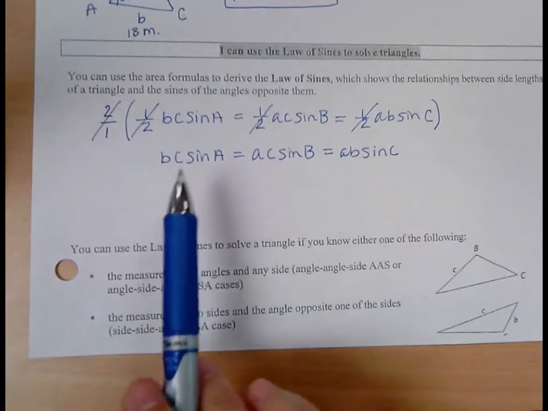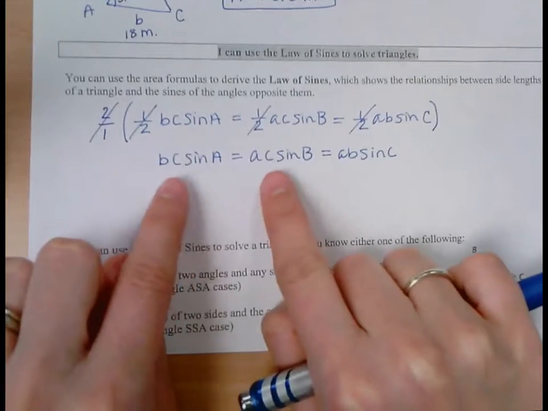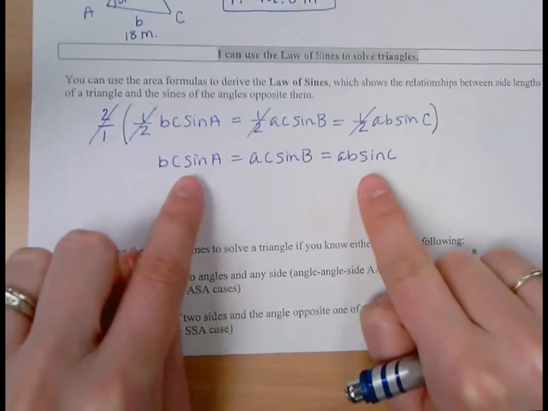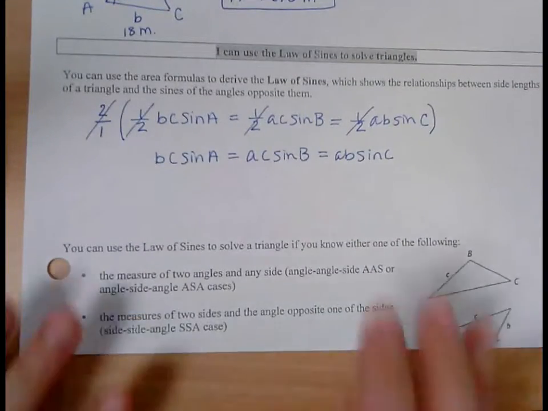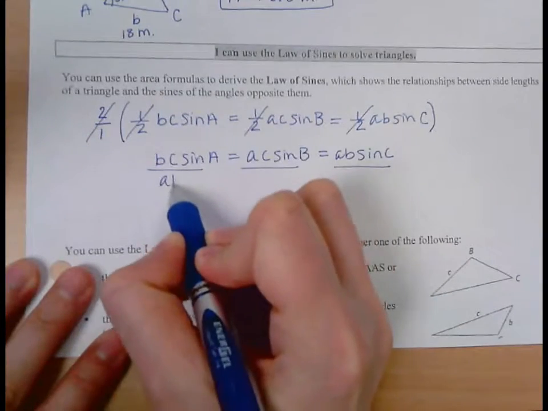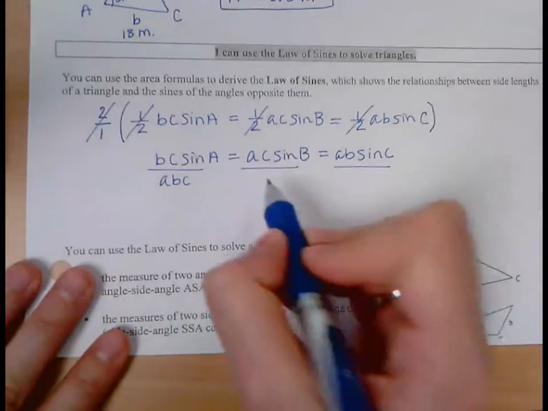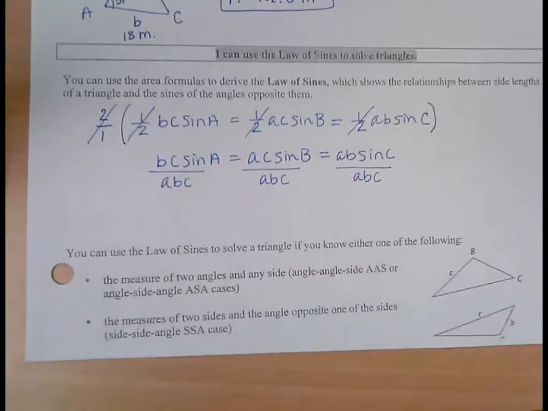Not all three of these expressions have something in common, but if you made pairs between any of them, they would share something. So for example, these two share a C, these two share a B, these two share an A. So what I'm going to do next is divide all three of them by little a, b, and c. So in each of them, two things are going to cancel out. One thing will still be left in the denominator.